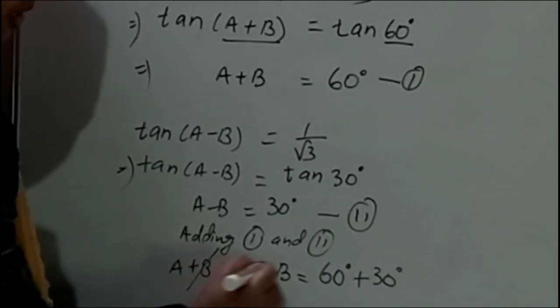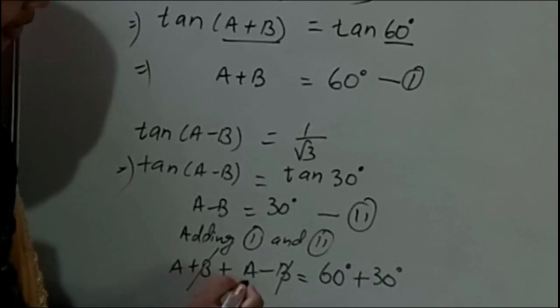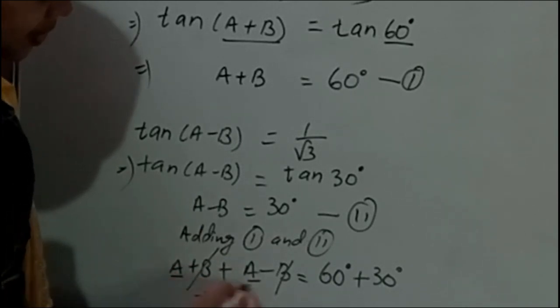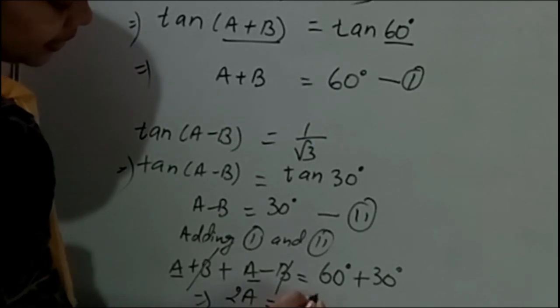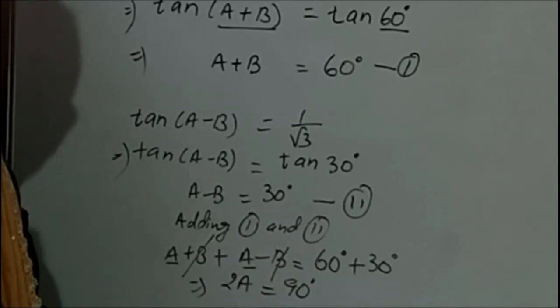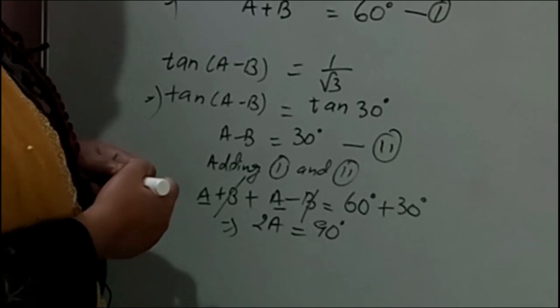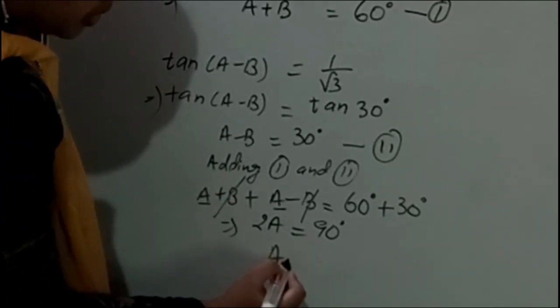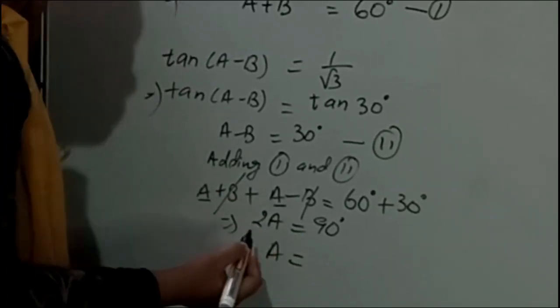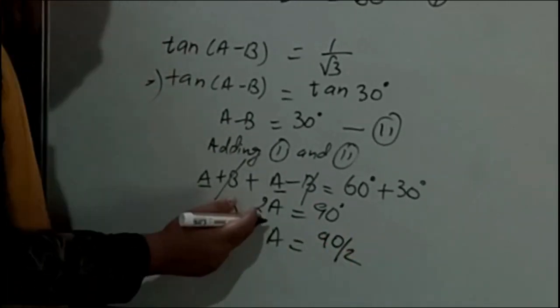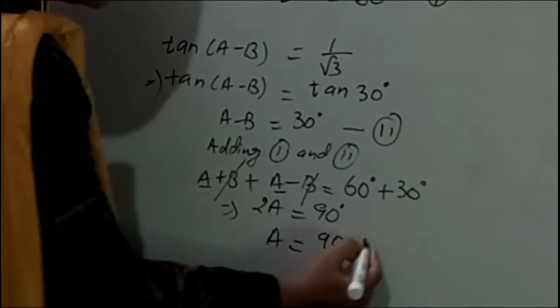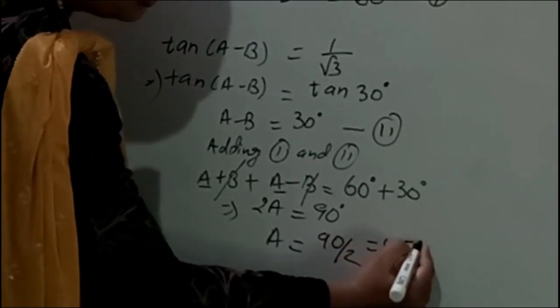So plus b minus b cancel. a plus a, 2a equal to 90 degree. Then a is equal to what? Here see, 2a means 2 into a. So a equal to 90 by 2. Here multiplication, that side division. So 90 by 2, 45 degree.